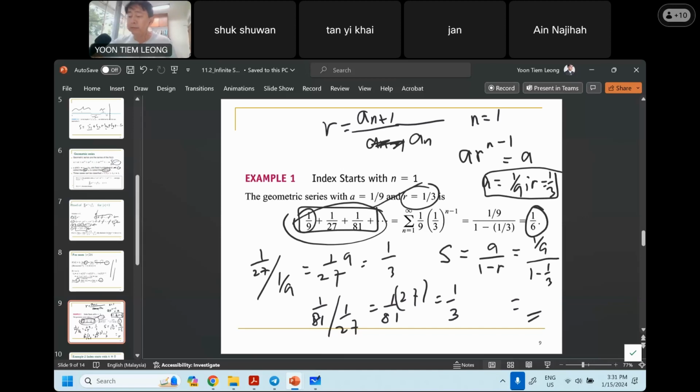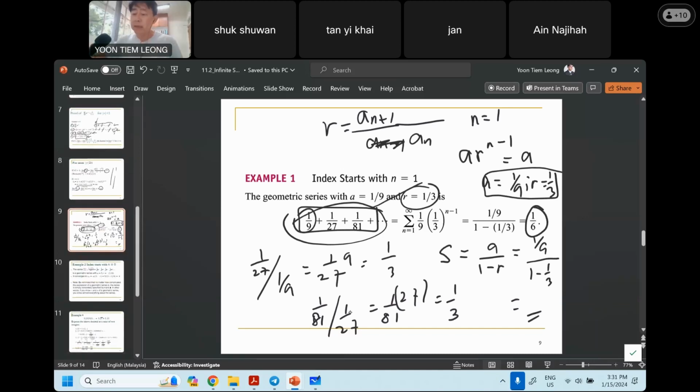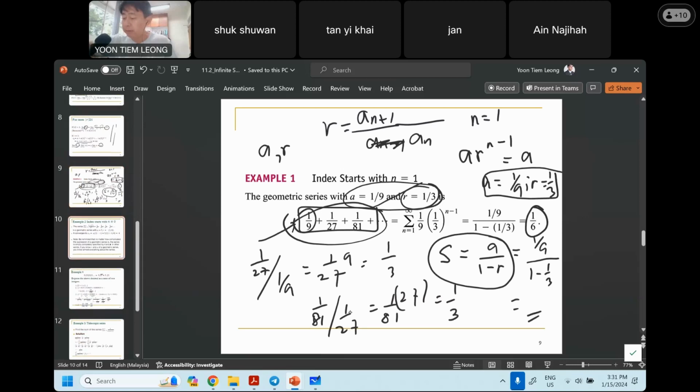So that is a very simple example of calculating the limit of the geometric series with a constant a and a constant r, which is calculated from the procedure I just mentioned. You just look at the first term, a, then you look at the ratio of two terms, and this ratio will give you the value of r. Once you know the values of a and r, calculating the sum of the geometric series is quite a straightforward application.